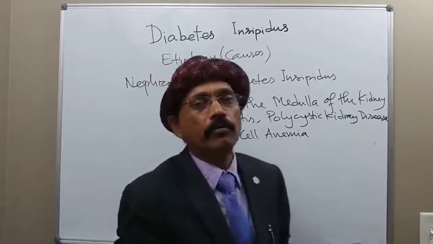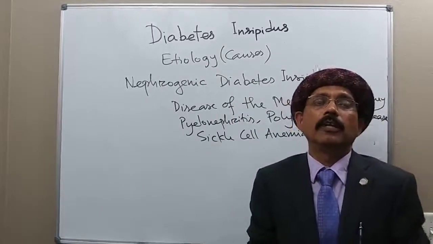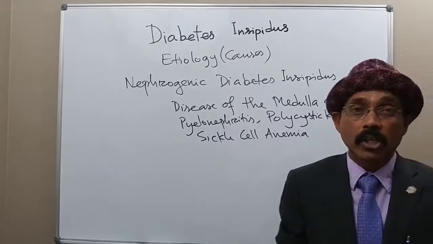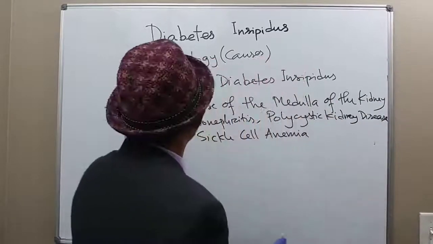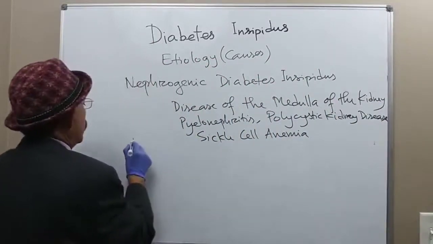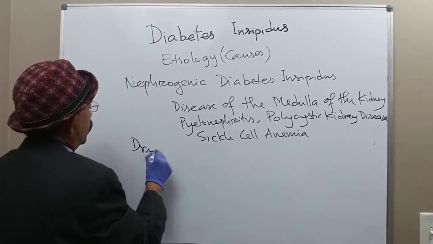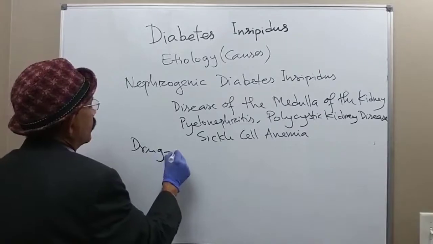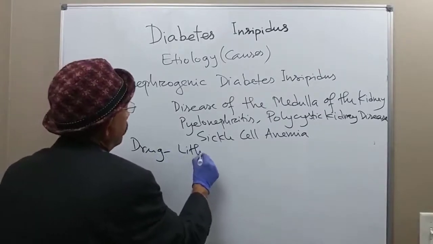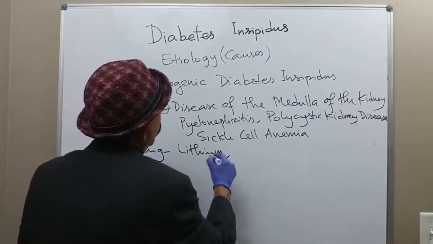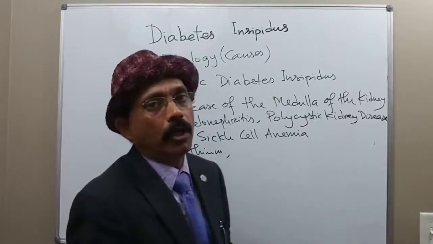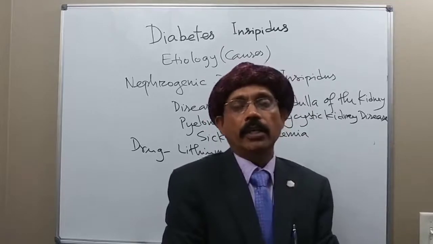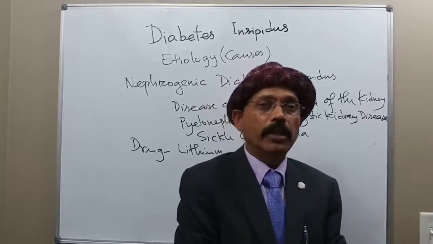So there are many reasons for nephrogenic diabetes insipidus. It may be drug induced. A lot of drugs may lead to nephrogenic diabetes insipidus, like lithium, a commonly prescribed drug for bipolar disorder, where people have depression followed by mania, again depression followed by mania.